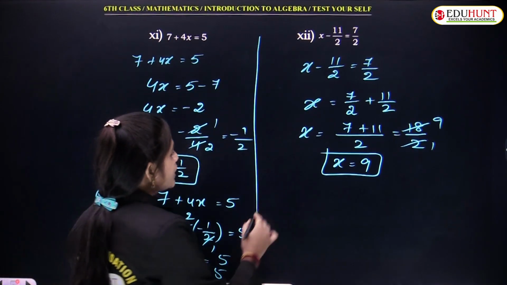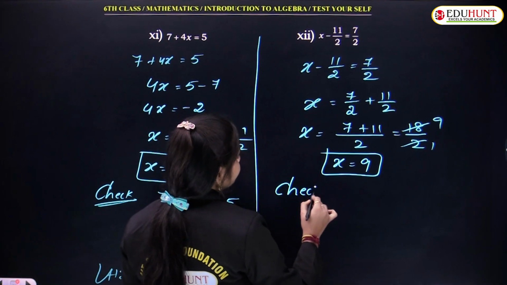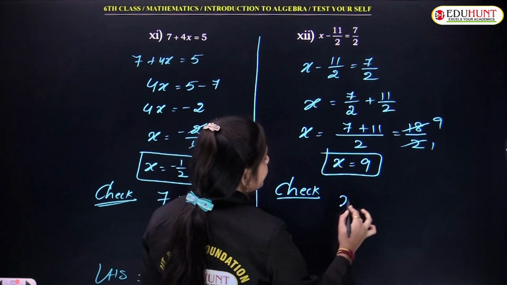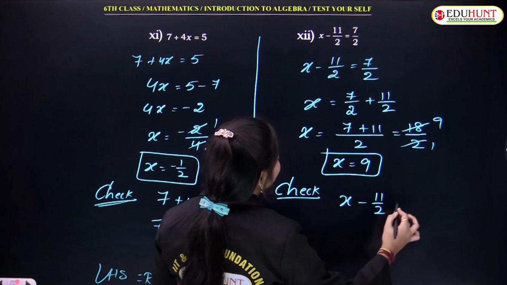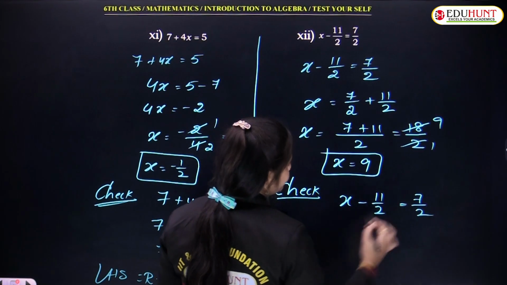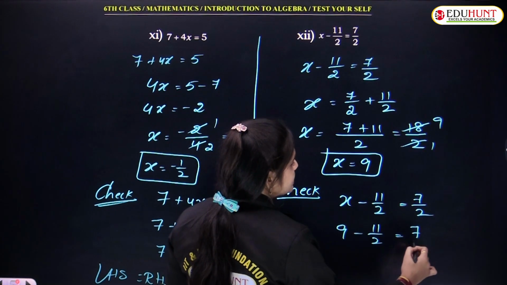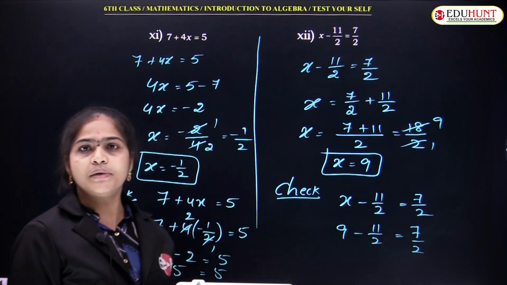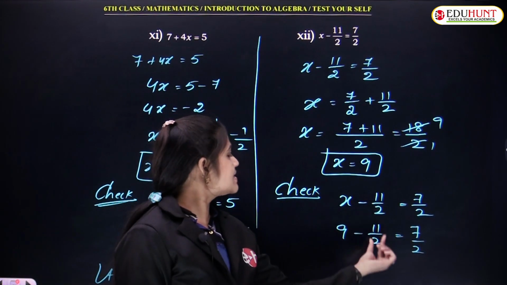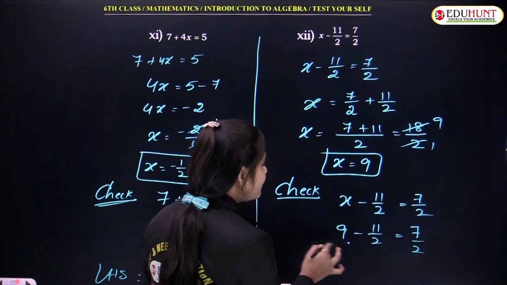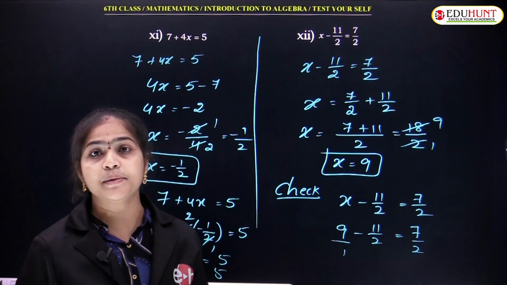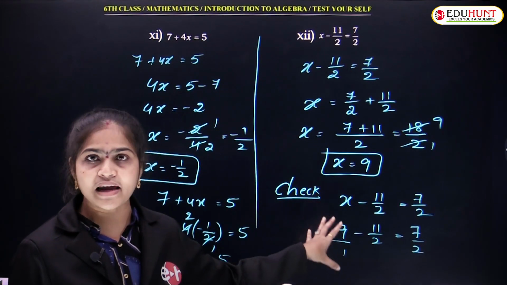Okay. Now here, the checking process. See that. Checking: x minus 11 by 2 is equal to 7 by 2. Now here 9 minus 11 by 2 is equal to 7 by 2. Clear? See here, 9 minus 11 by 2. Here, since nothing is there, you just have to keep that 9 as 9 by 1 to make it a fraction.